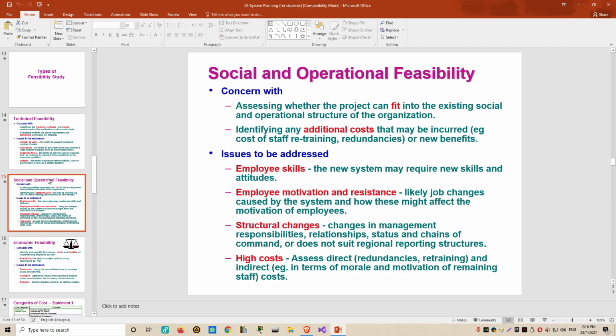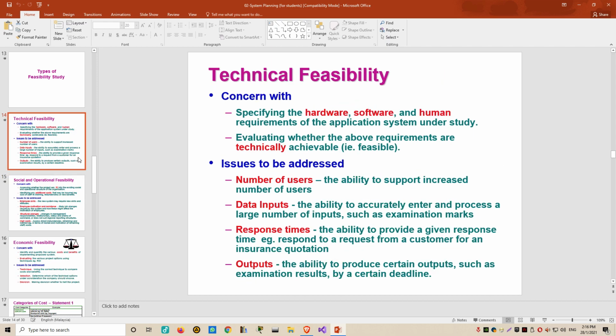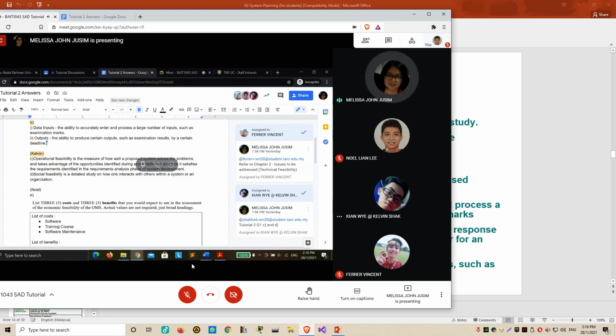Okay, so by understanding what it means by operational and social feasibility, then you go to the next question. You need to describe what are the issues when we get OMS in our picture. So your answer for D is incorrect, yeah, Kelvin? Okay. So I give you a hint from online marking.